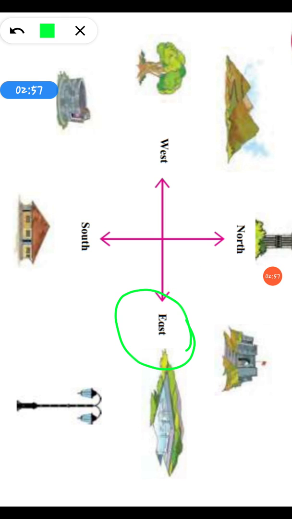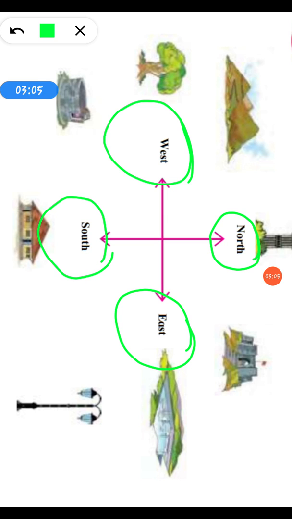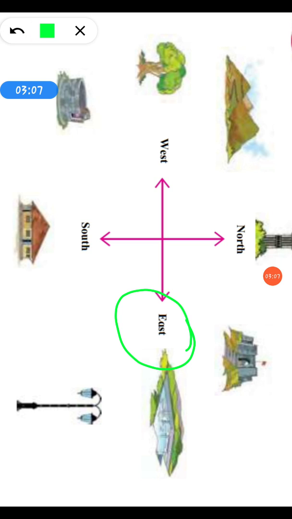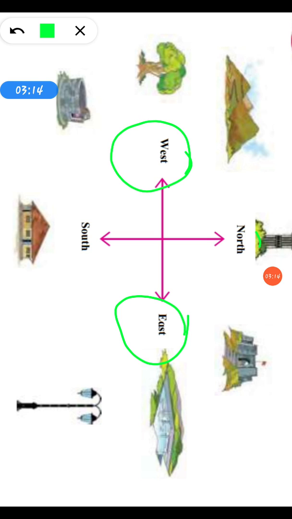The east direction faces the west and the north faces the south. So, how many directions are there? There are four main directions: east, west, north and south.